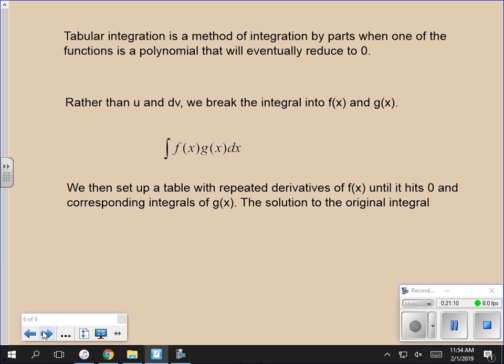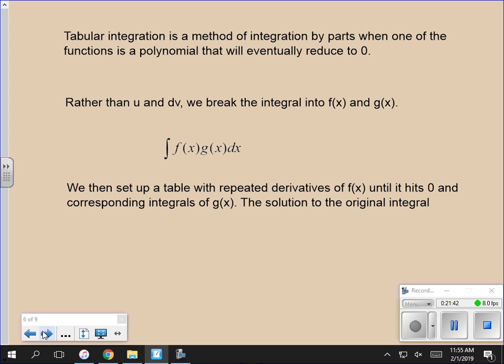But that's what this method is. It is uv kind of tweaked a little bit. And it's actually an easier way of doing uv, but certain conditions need to be met. One of the functions has to be a polynomial. In fact, your u function has to be the polynomial, where dv would be the other part.